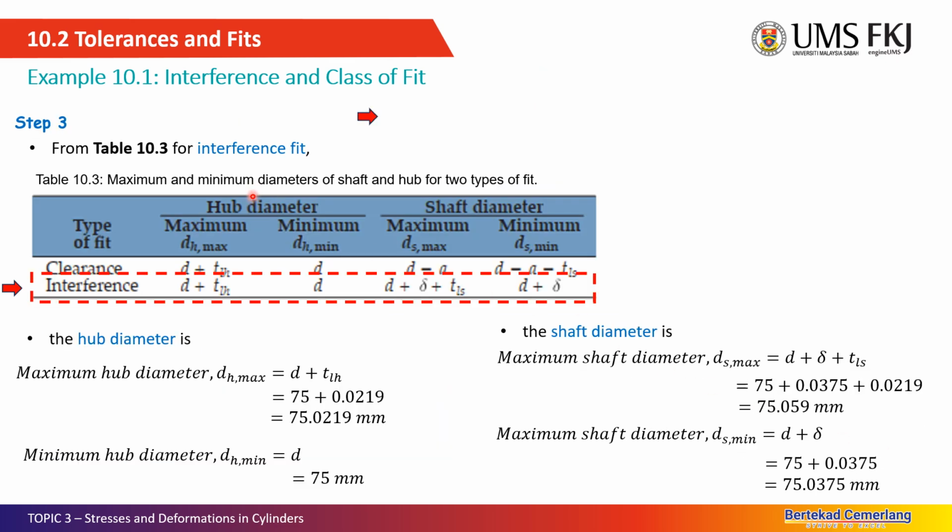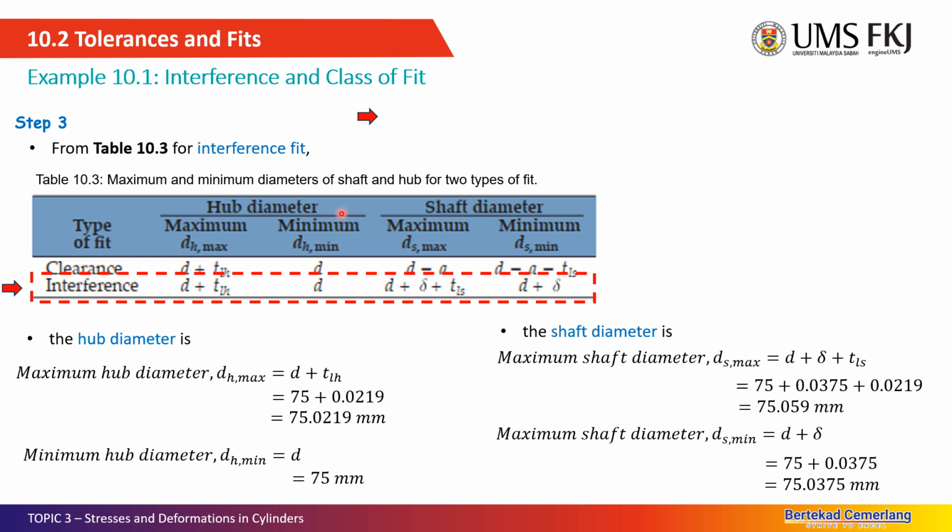So step 3, from table 10.3, for the interference, we determine the maximum and minimum diameter of shaft and hub for the two types of fit. Since it is in the group of interference, this is the equation. For the maximum hub diameter, DH max is D plus the tolerance of the hub. We put in the value and get 75.0219 millimeter.